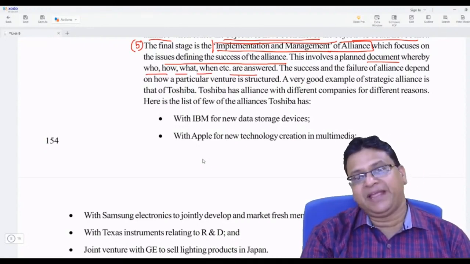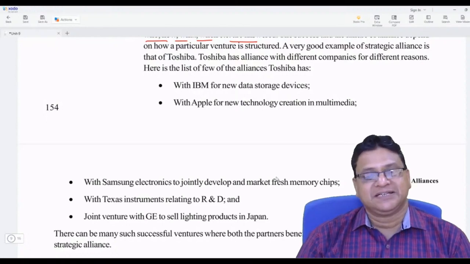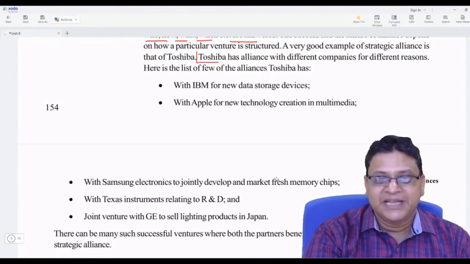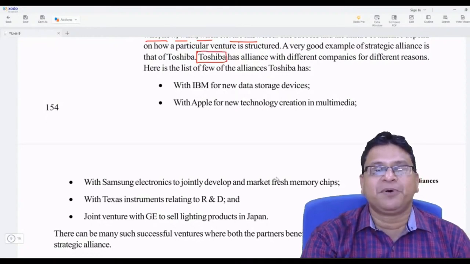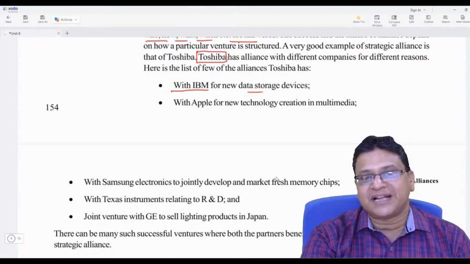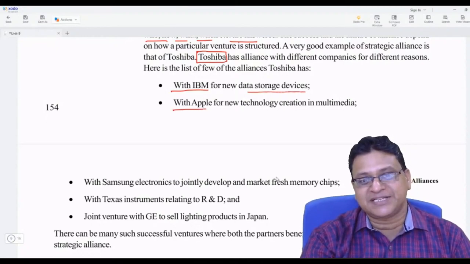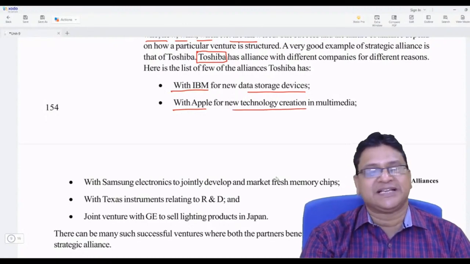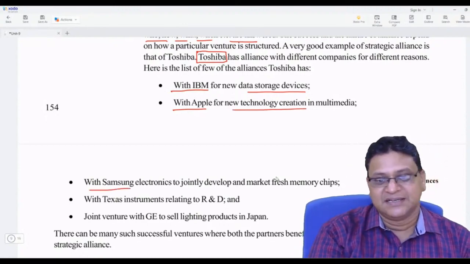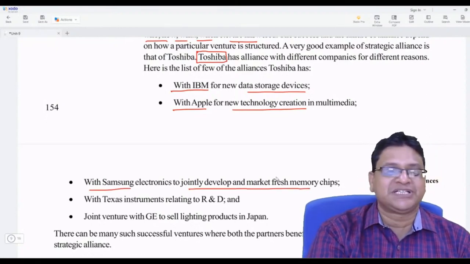A company may make strategic alliances with different companies. Let's take an example of Toshiba. Toshiba makes alliances with different companies. With IBM, it has an alliance for data storage devices. With Apple, Toshiba has an alliance for new technology creation. With Samsung, it has an alliance to jointly develop flash memory chips.